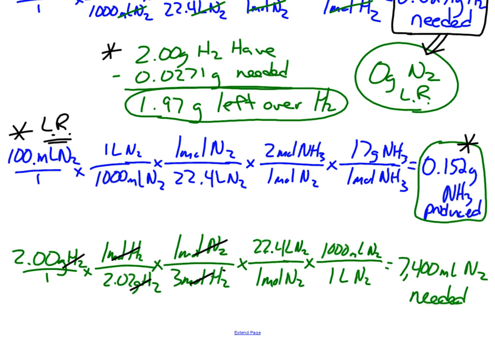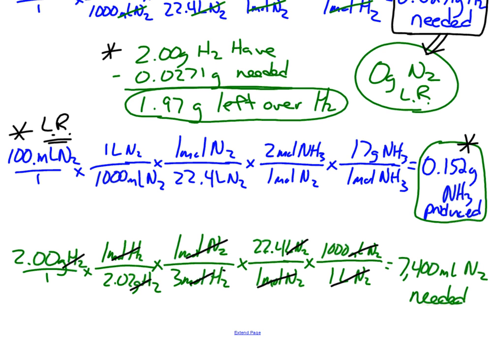Now, our nitrogen is given to us in volume at STP, so we don't want to go to grams of nitrogen, so we're going to go from moles of nitrogen to liters of nitrogen, liters to milliliters, so we can compare. So now we look at that number, and we've calculated that we need 7,400 milliliters of nitrogen.